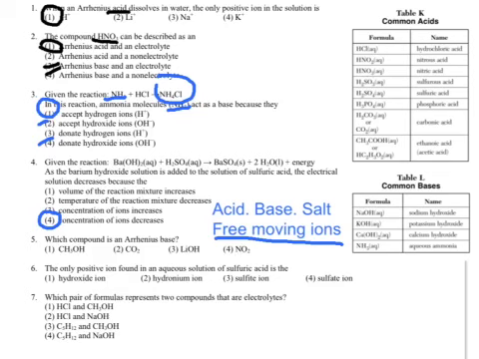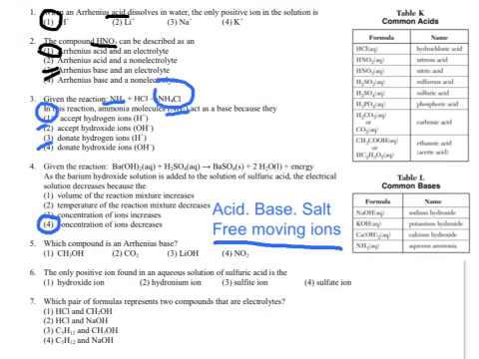Of the remaining two choices, I look again at the formulas and notice bases are metal hydroxides, so choice 3 is the best choice. Remember, if a formula starts with a carbon and ends with an OH, it is never a base. It is either an acid or it is an organic compound that is neither acid nor base.